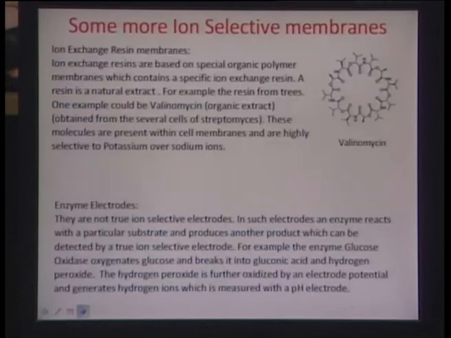Some more could be these ion exchange resin membranes. These are very interesting in nature. There is a compound called valinomycin, which is normally available in the cell membranes of Streptomyces, and essentially the purpose of such a compound is to give way to exocytotic processes of exchange of potassium and calcium ions between the periplasm and the cytoplasm of a certain cell.